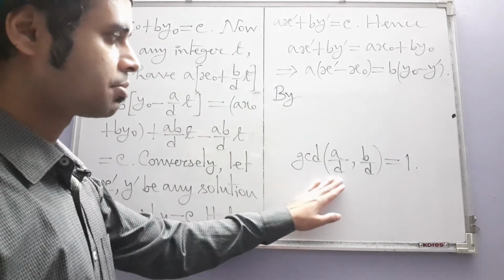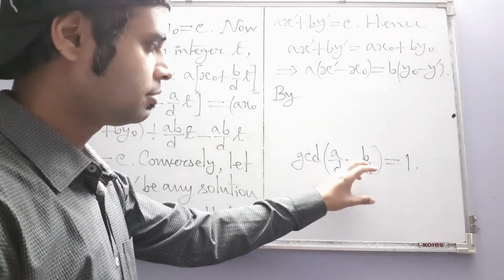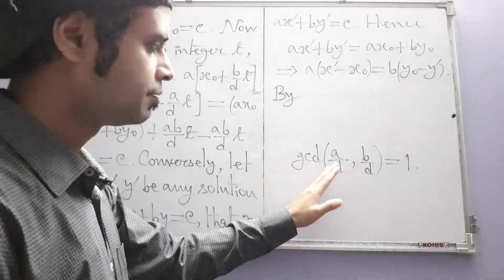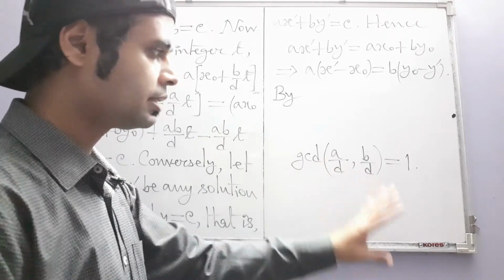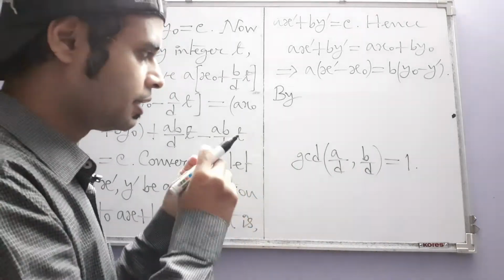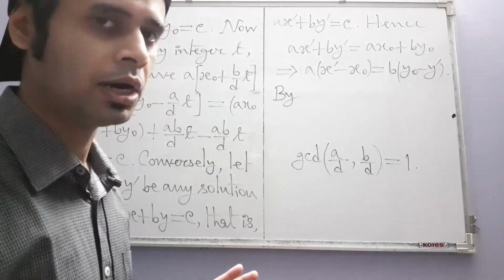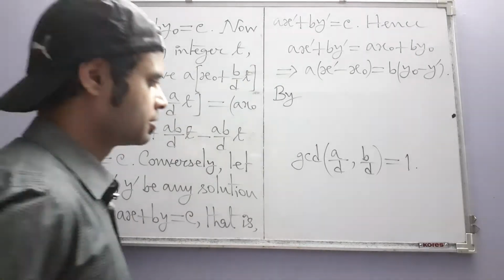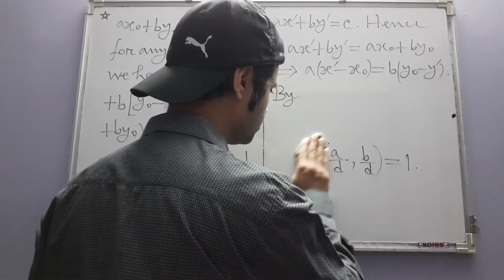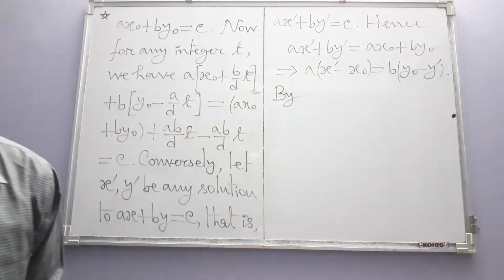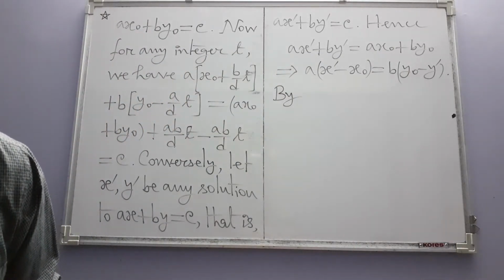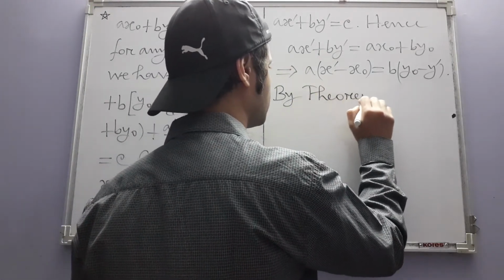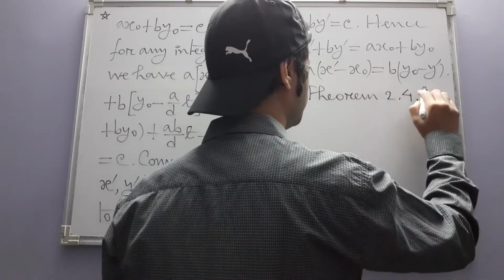Another way of expressing this fact is to say that if you take apart the greatest common divisor of a and b, whatever are left, those integers would be relatively prime. That is, there won't be anything else left other than the common factor 1. So we are now going to use this result. And the result, the exact thing, is Theorem 2.4.